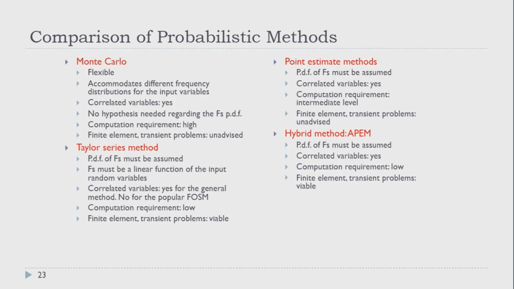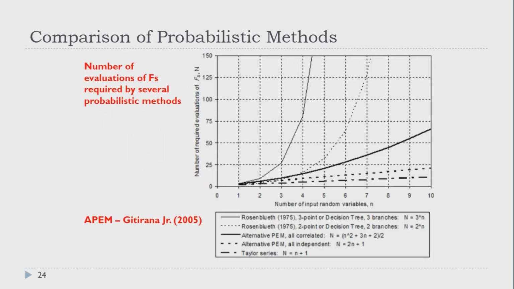And finally, the APEM, the hybrid method, is basically a combination of the advantages of both the Taylor series and the point estimate method. This is just a plot here showing the number of evaluations required by Rosenbluth's point estimate method, the APEM and Taylor series. So obviously the APEM is much lower than Rosenbluth's.